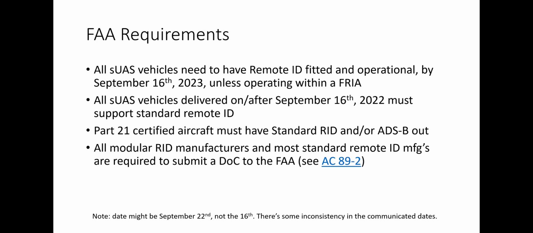All vehicles delivered new to customers by September 16th of this year must support standard Remote ID. And if you're doing a Part 21 certification, you can either do standard Remote ID or ADS-B Out, depending on what your requirements from the FAA are. You may also have to do both. It's something the FAA, I think, is going to do on a case-by-case basis.